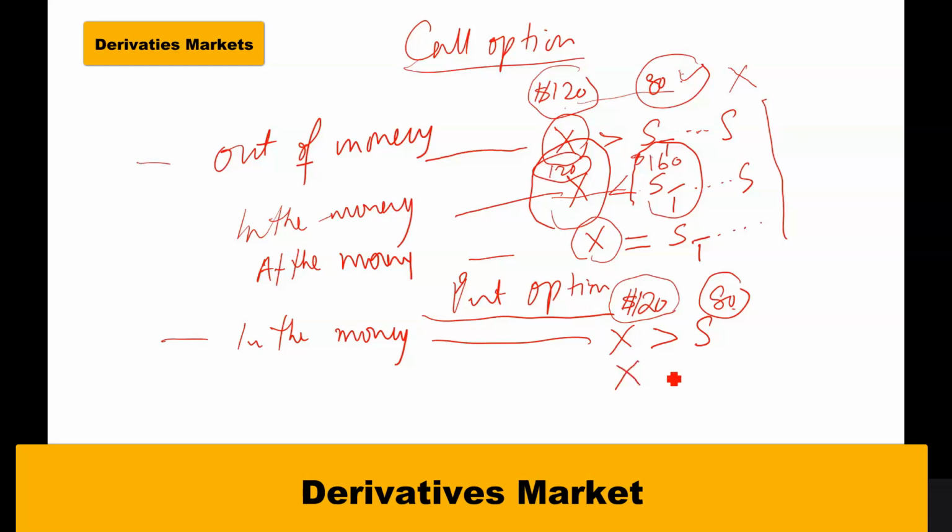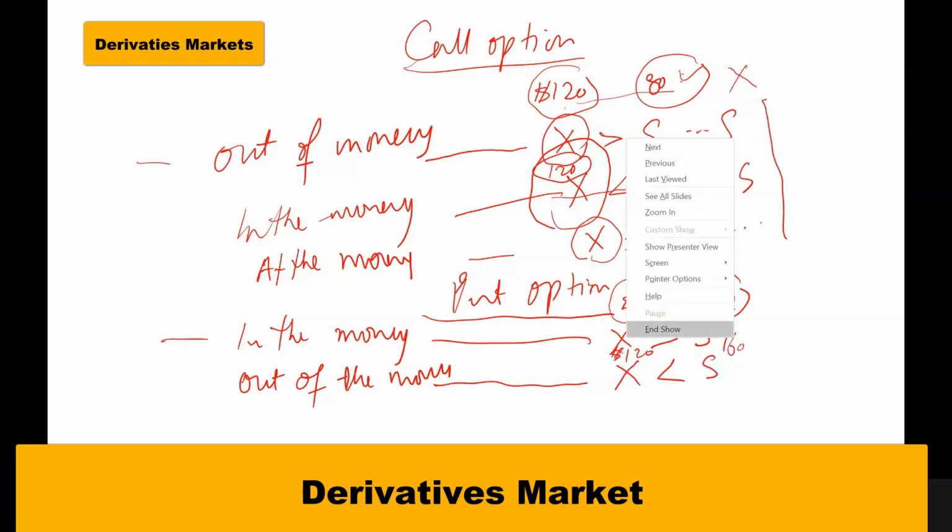Then when X is less than the spot price, that is the exercise price is less than the spot price, in such a case, the put option will be out of the money. If you look again at the same example, if the exercise price is 120, that is the price at which you can sell Apple's share. But in the market, the spot price is 160.